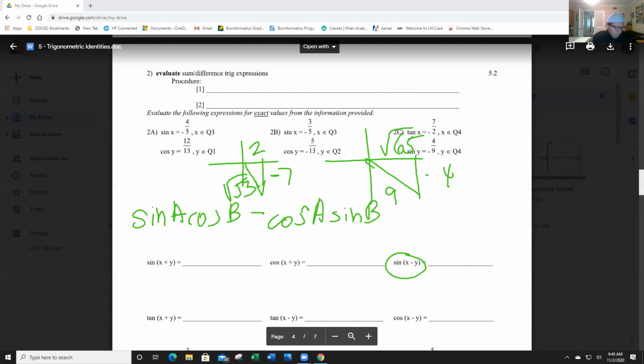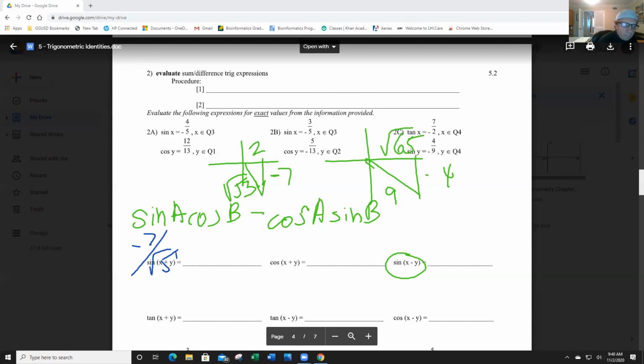Okay, so the math on that now, to throw the numbers in, this is going to take a little bit of work, but that's not too bad. I'll put it right below so you can see it.